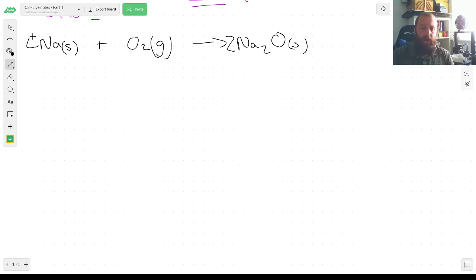And as I said before, I'm going to do balancing as a separate topic. I'm not going to go into how it all works now. I'll probably look at doing that when we look at quantitative chemistry a little bit later on. So that's balanced here, and we need to work out why it is that sodium oxide's formula is Na2O. So this should hopefully be getting really boring, in terms of I've done this before.